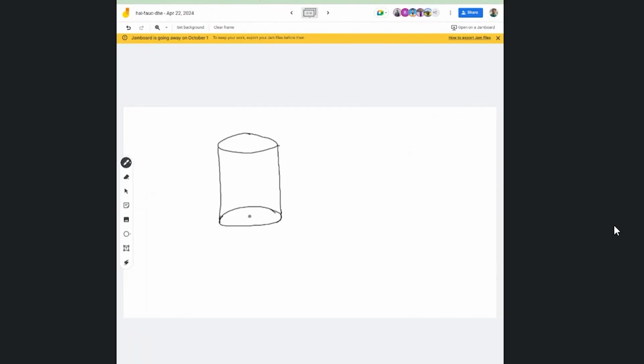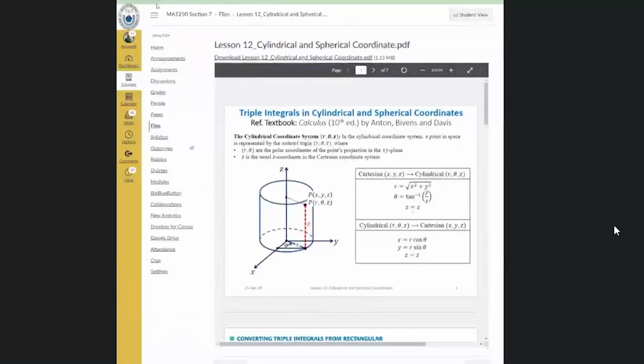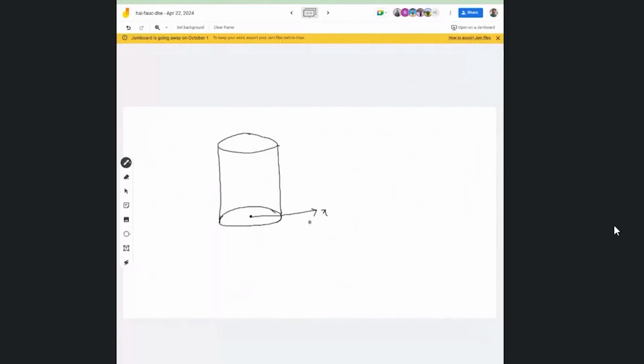So this is, let's say, the x-axis here, let's say the y-axis here, and the z-axis is the upward direction.